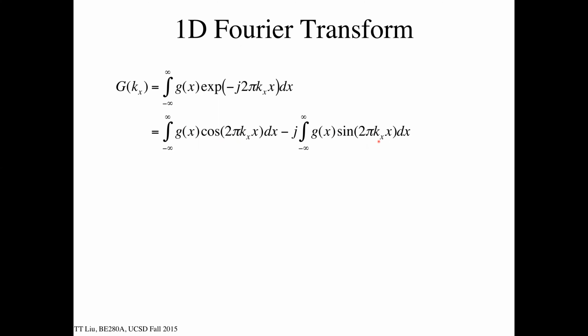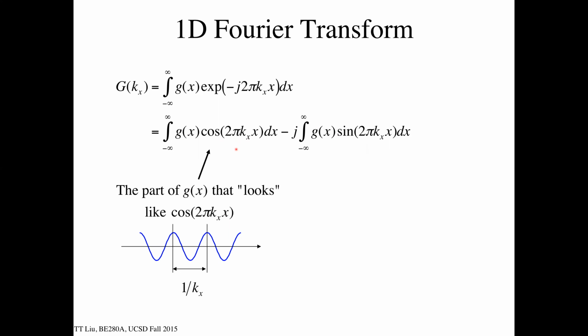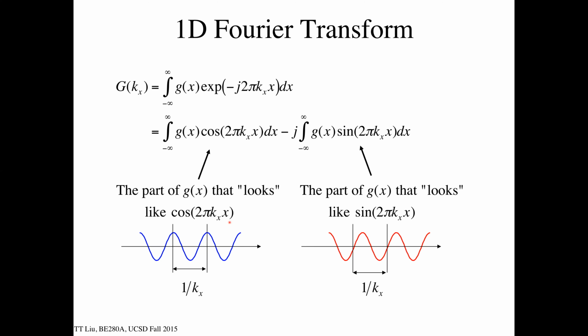Here's the sine term at this frequency, and the minus j is out here. So this integral is asking how much of the stuff that is added up to make g of x looks like cos 2 pi kx x. There's a lot of stuff added up to make g of x, and some of it's this. How much is sine?